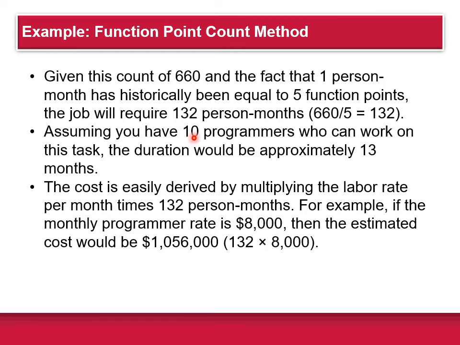Let's say you have 10 programmers on staff. You would roughly take 132 divided by 10, approximately 13 months, to complete this project. Let's say the programmers cost you $8,000 a month. If you multiply 132 by 8,000, that tells you that your estimated cost will be roughly over about $1 million for this project.